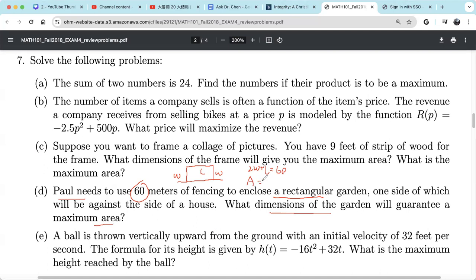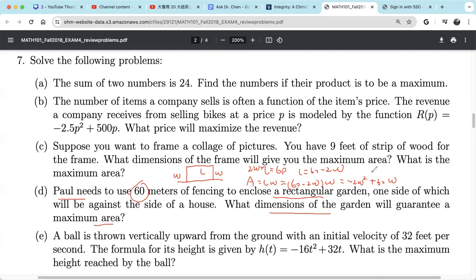So A equals L times W. And we want to rewrite L as 60 minus 2W. Then substitute L into the second one, which is 60 minus 2W times W, which will get positive 60W and negative 2W squared.